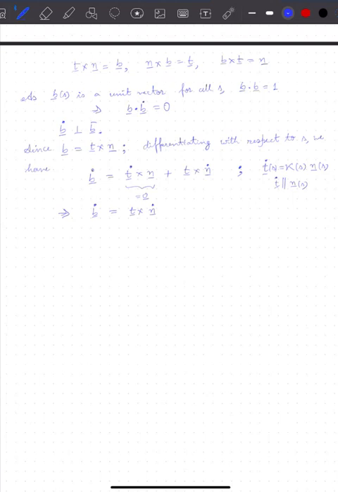And now what we see is that the B dot vector is going to be perpendicular to T, of course, and also perpendicular to N dot.